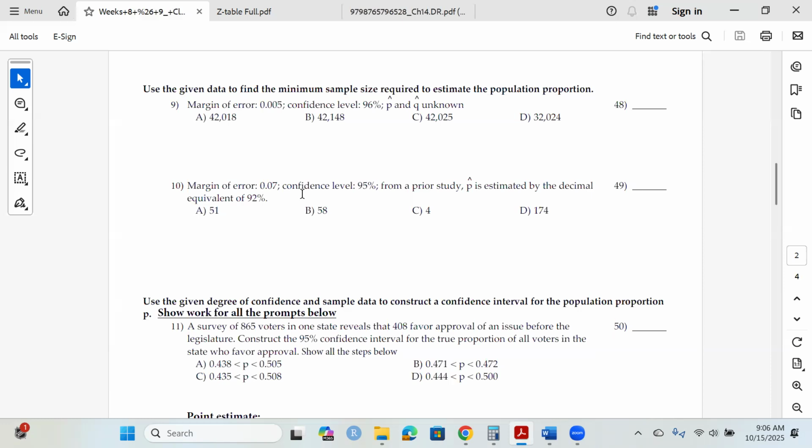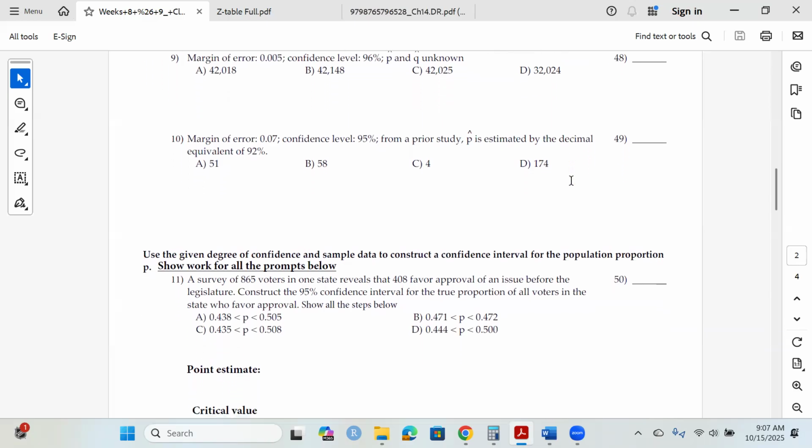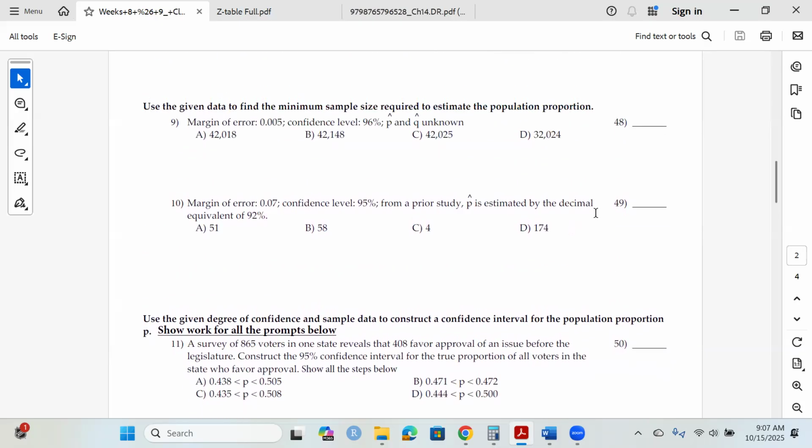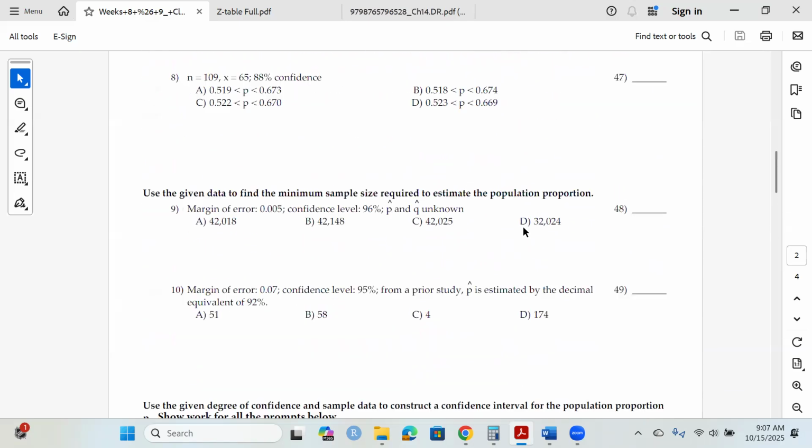So you're looking at what's the sample size required to detect a margin of error of 0.07. And again, we have no information on the power and other stuff like that. So these are just some interesting questions. I'd like to see what the instructor did there. And the rest of these are just some variations of what we already did.